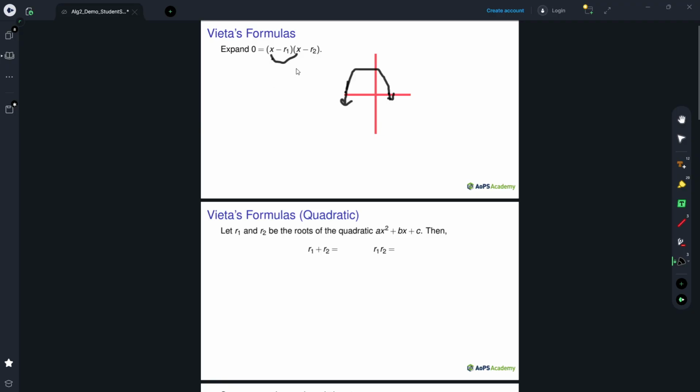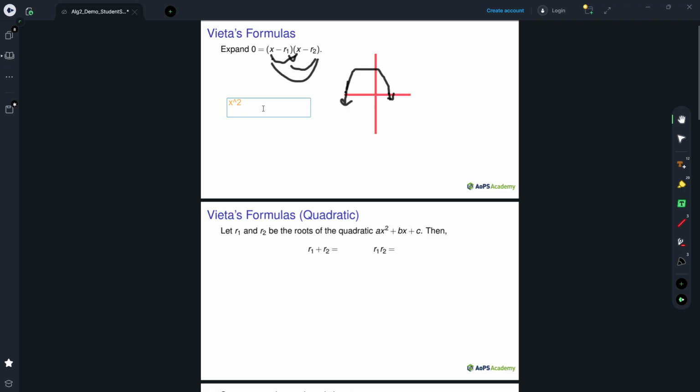You do the outside, then the inside, and then the last. So let's go over this real quick. What's going to be the first one? The first one is going to be x squared, right?